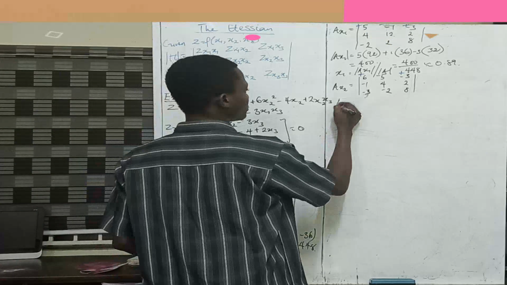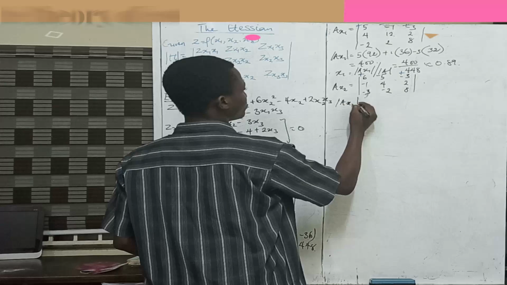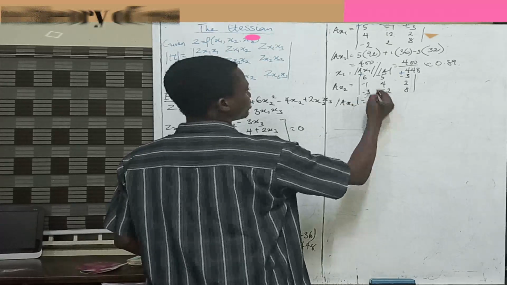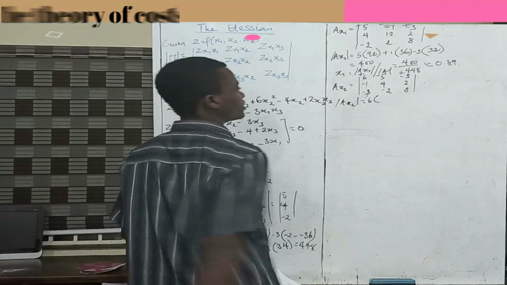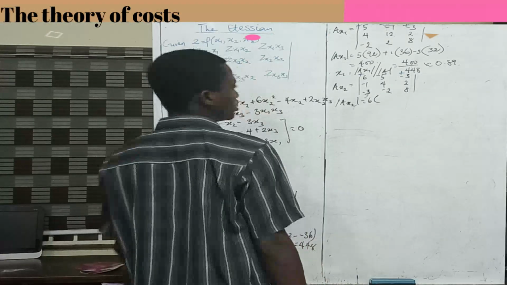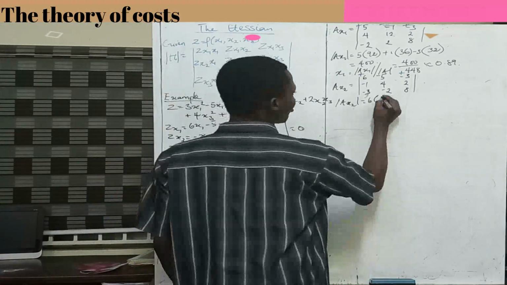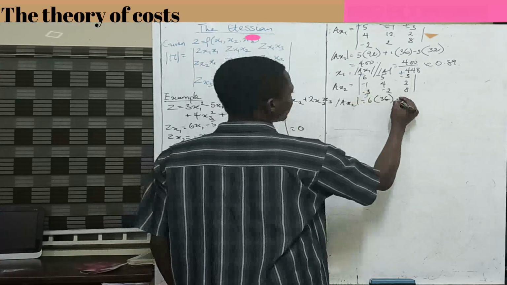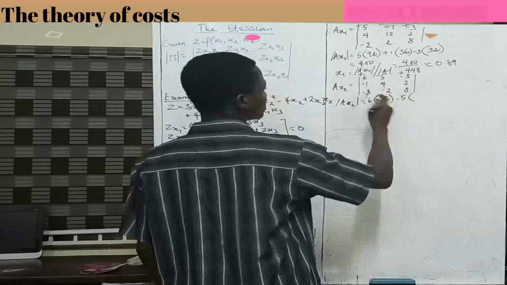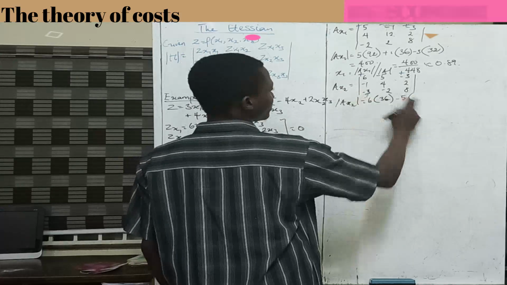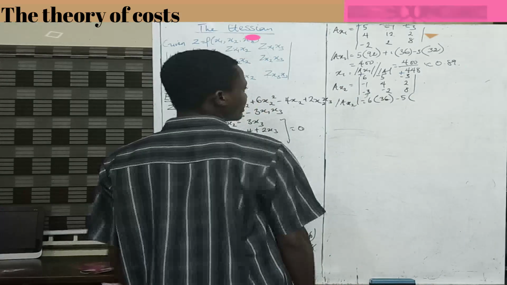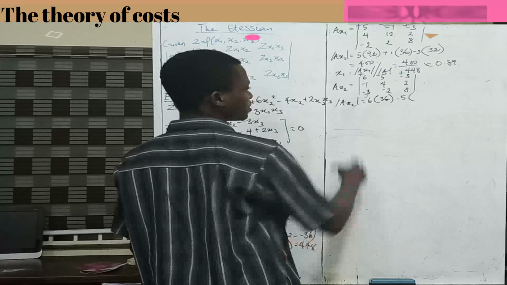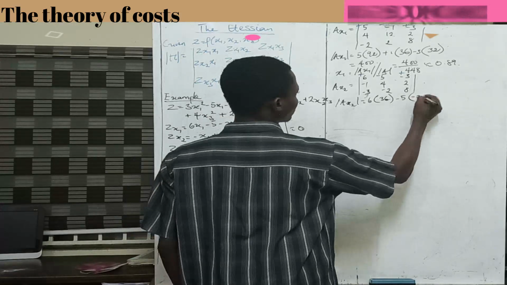So our determinant of Ax2 equals 6 into brackets 4 times 8, 32, 32 minus minus 4, 36, right? Then minus 5 into brackets minus 1 times 8, minus 8, minus 8 minus minus 6, that's minus 2.